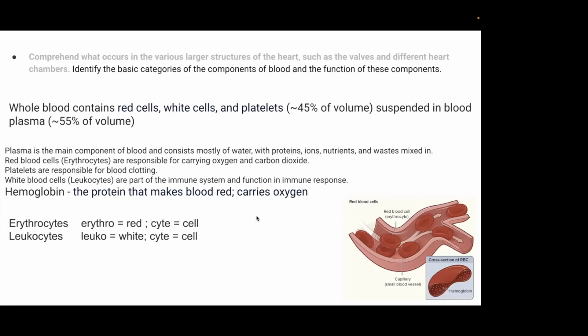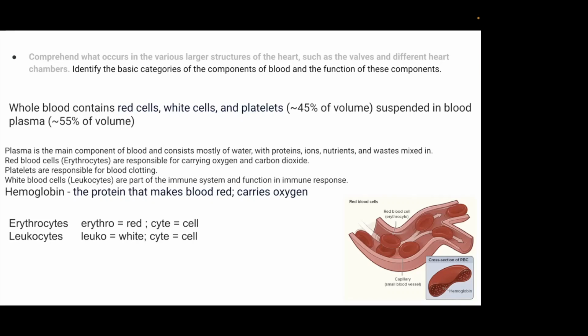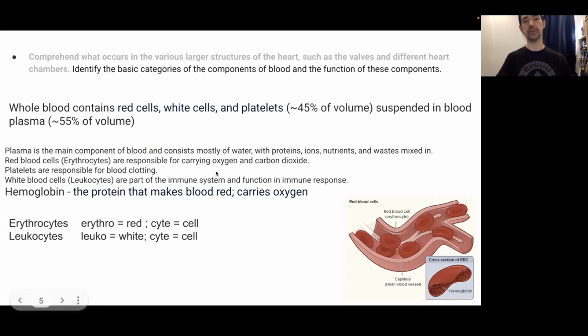For the immune system. They function in the immune response. They're part of the immune system. So if there's an infection, what is the job of the white blood cells, broadly speaking? To fight it off? Or to use terms like immune system or immune response.